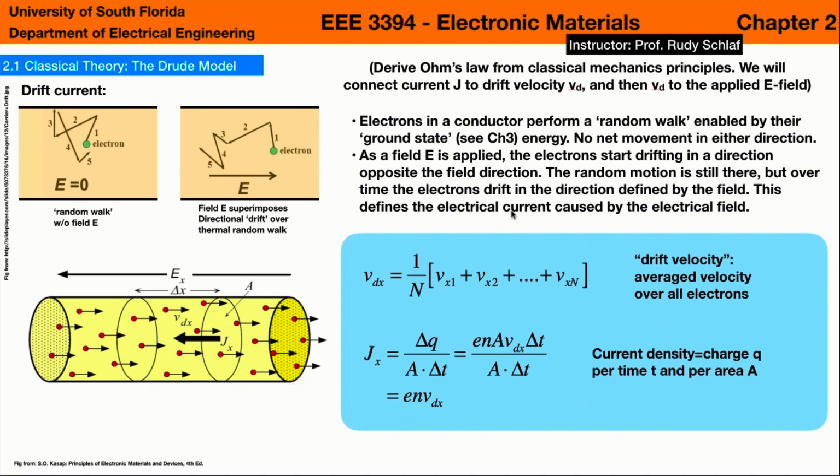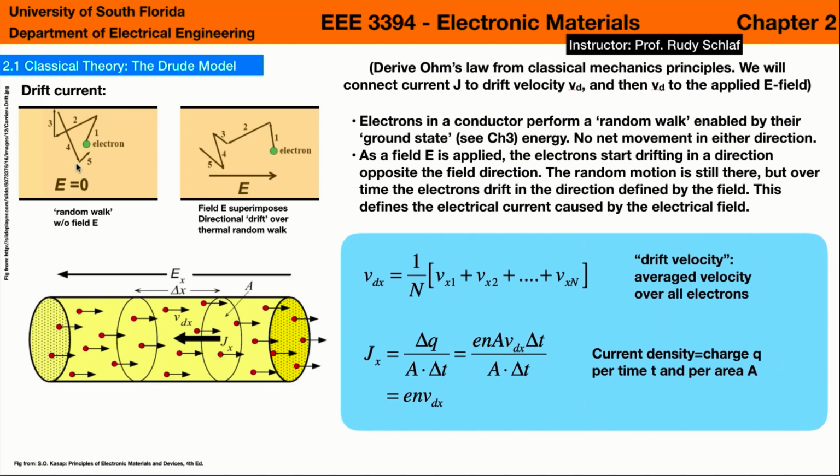We will see in chapter 3, 4, and 5 what that means when we introduce quantum mechanical concepts. It's something similar to the thermal energy of particles, but considerably higher, and that enables the electrons to move about very quickly.